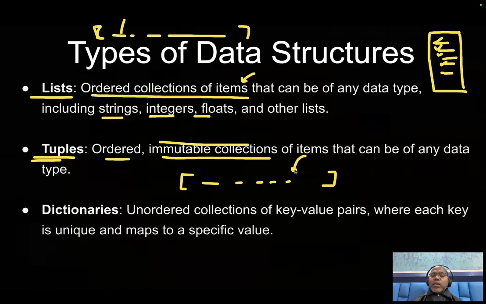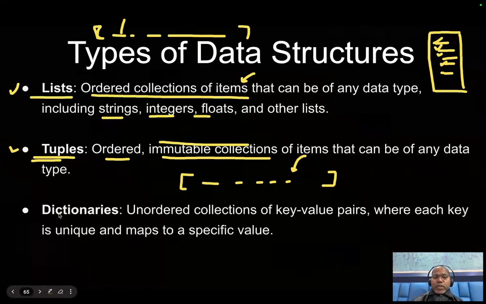These are immutable items, and the data can again be of any type. So both lists and tuples are ordered collections, but tuples are immutable.